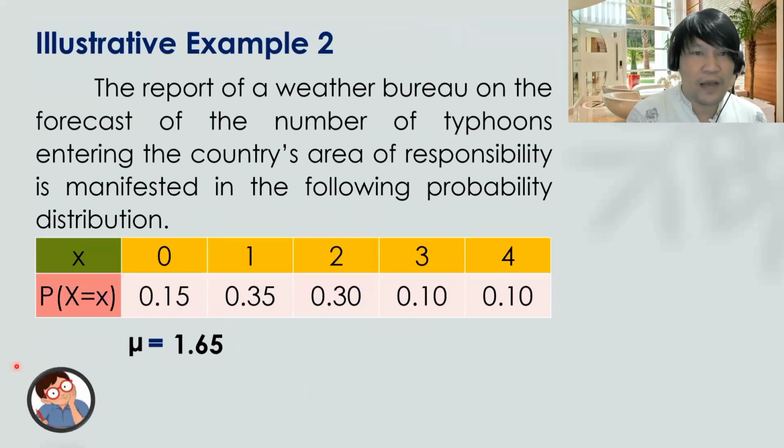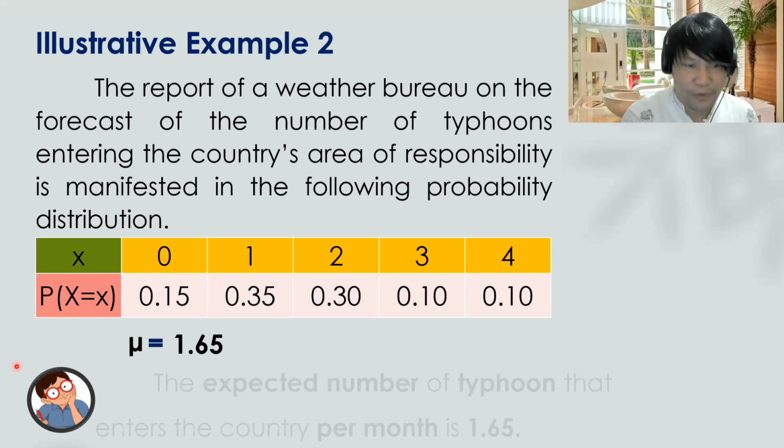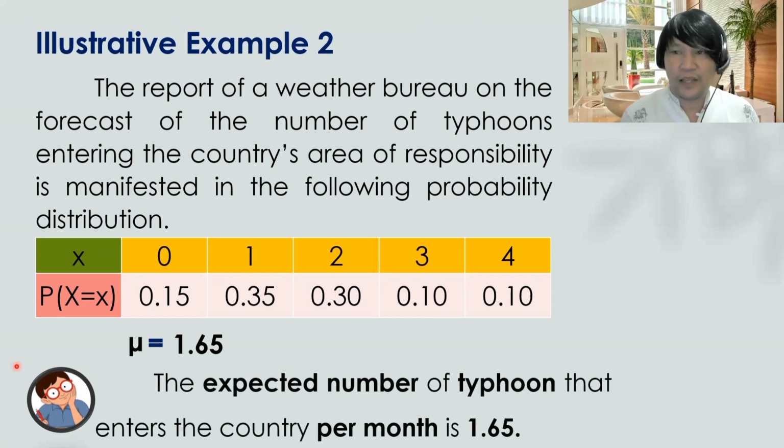Okay. Now, going back to our illustrative example number 2, the report of a weather bureau on the forecast of the number of typhoons entering the country. Now, how are we going to interpret this one so that our readers are going to understand the expected value or the number that we were able to compute? Now, we can write our interpretation as this: the expected number of typhoons that enter the country per month is 1.65.